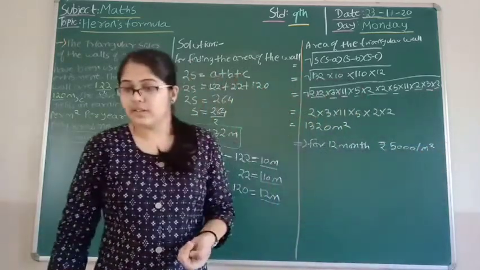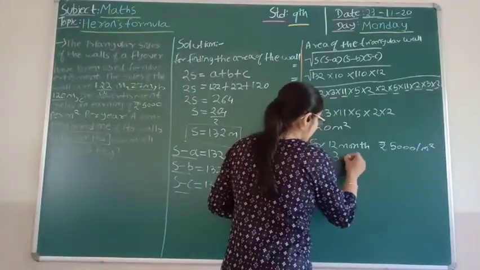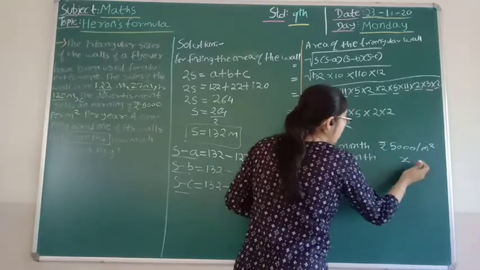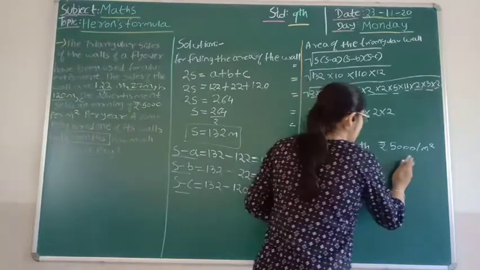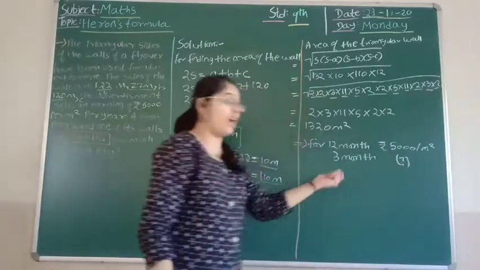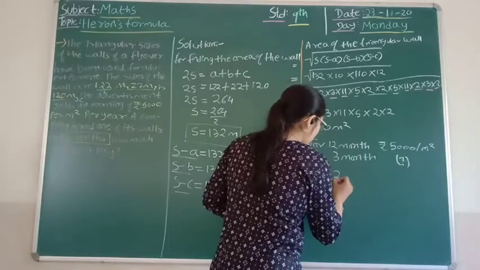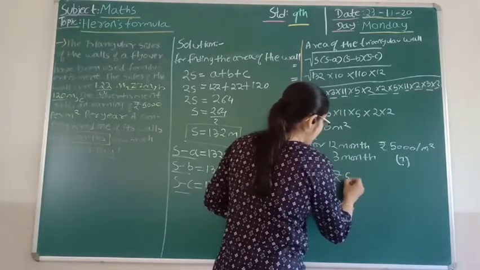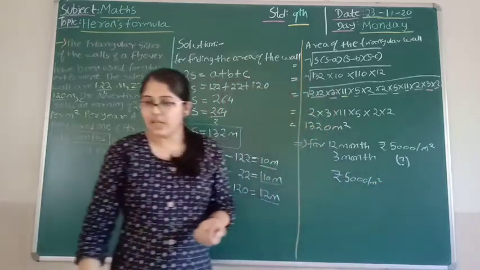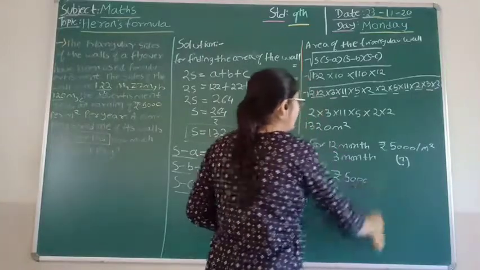And I need that for 3 months, and this I do not know, so I can write it simply as a question mark. For 3 months, how much do I need to pay? So if I try to find this, it will be rupees 5,000 per meter square into 3.